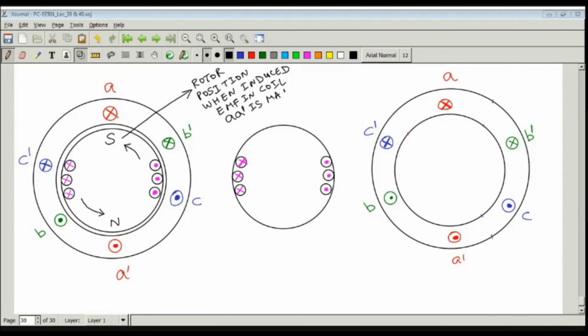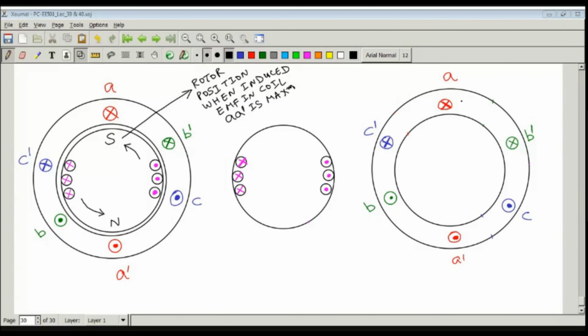Likewise, we are interested in finding the rotor position when the current in coil AA dash is maximum. Now, why will the EMF induced in coil AA dash be maximum? Because you can see the south pole is in front of coil side A and the north pole is in front of coil side A dash. So that is the reason the induced EMF in coil AA dash will be maximum.